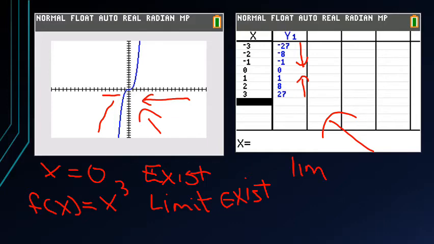I don't want us to get too bogged down on this. So as x is getting closer to 0, f of x, or y, is also getting closer to 0.